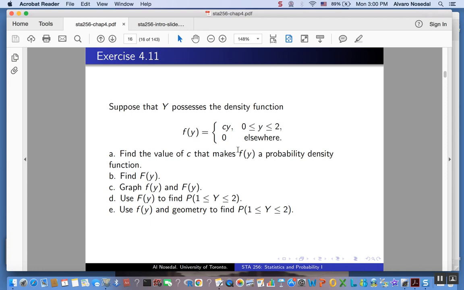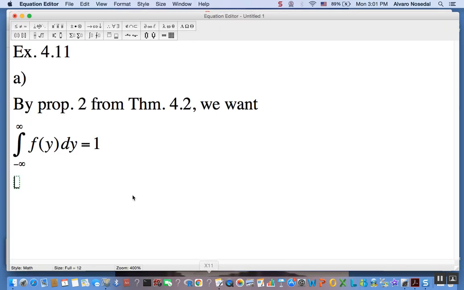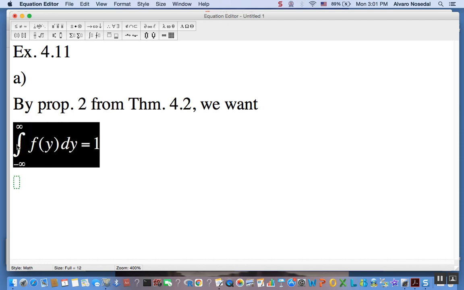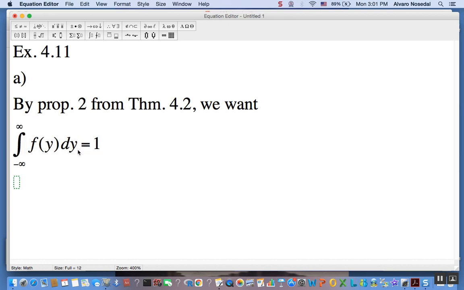But first, note that we have that lowercase f, the candidate for a PDF up to that constant that we have to determine, given by 0 elsewhere, and if you're dealing with a value between 0 and 2, you have c times y. So elsewhere. What we want here, if we're going to be super careful, and that's what we're going to be doing, we're going to be very specific.